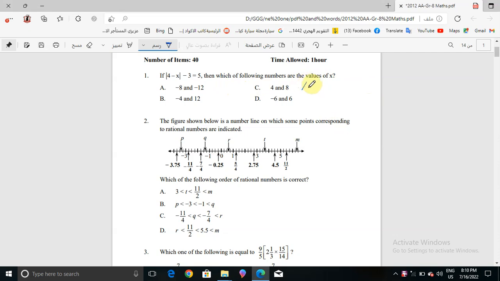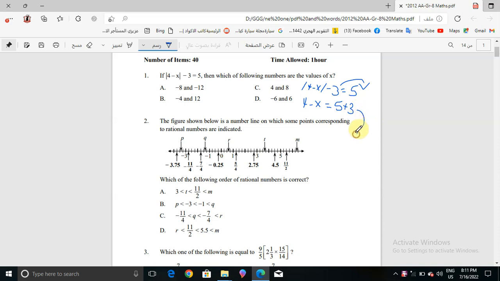It says: here we have 4 minus x, minus 3 is equal to 5, right? Then we will shift 3 to the other side with 5. That means 4 minus x is equal to 5 plus 3.